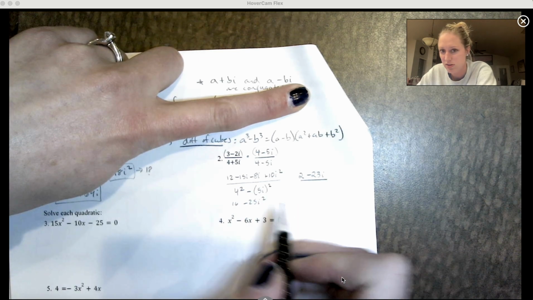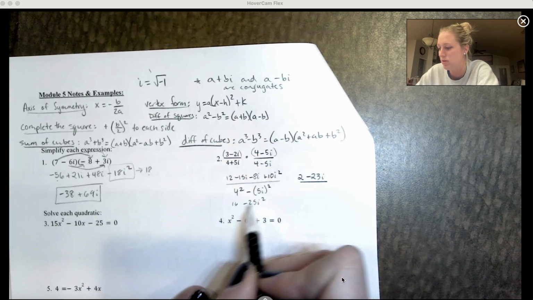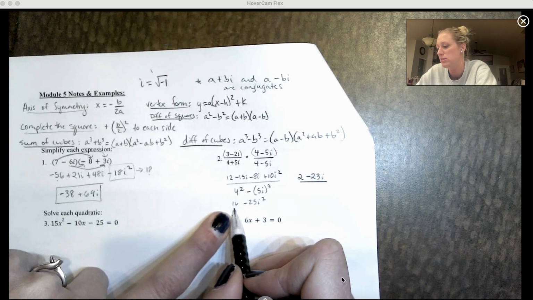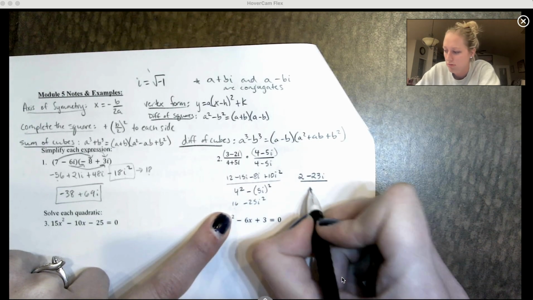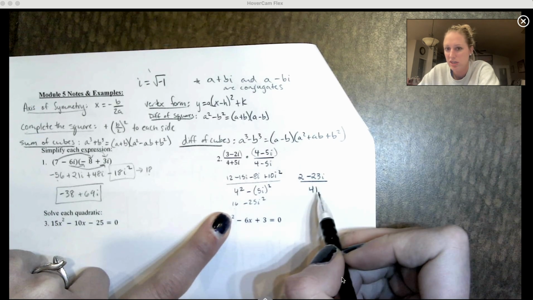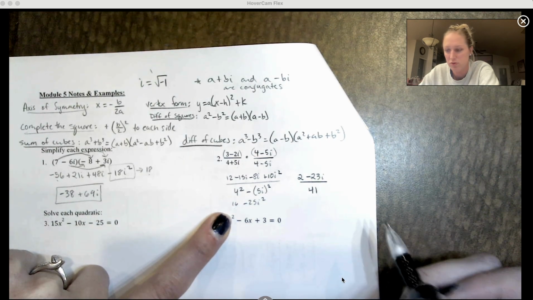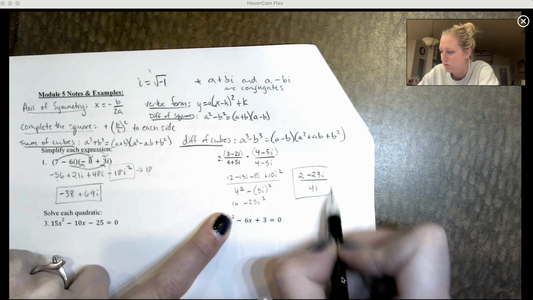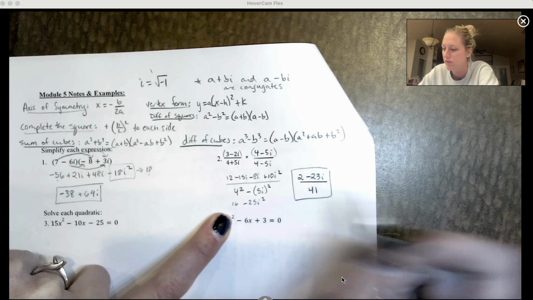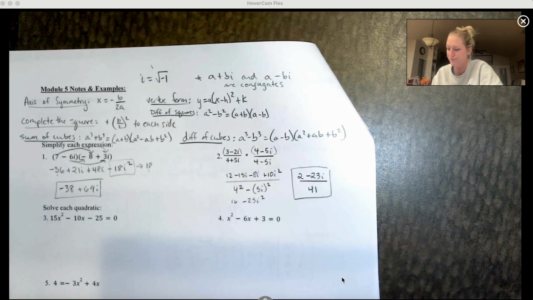Again, that's negative 1. So I really have positive 25 plus 16, which is 41. And it's just a good idea to check, can I reduce any of this? But there's not a number that goes into all three of those terms. So this would be my simplified fraction. No i's in the denominator.